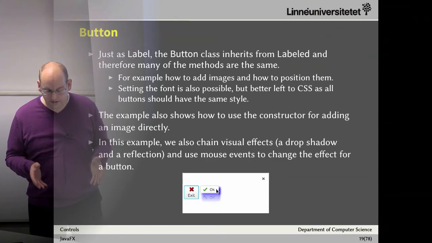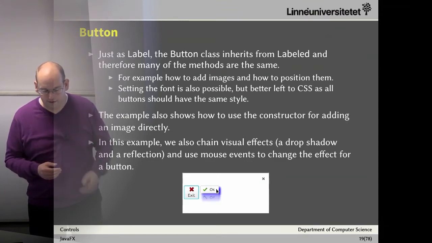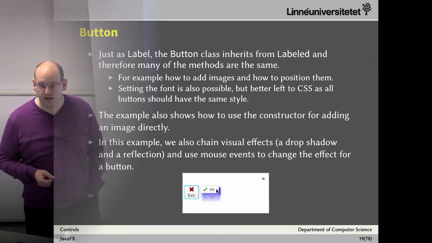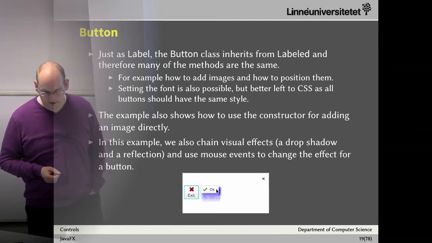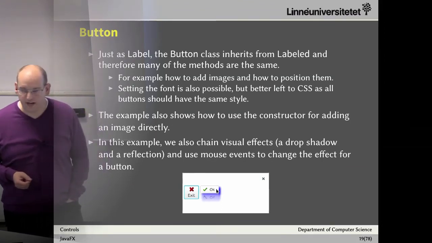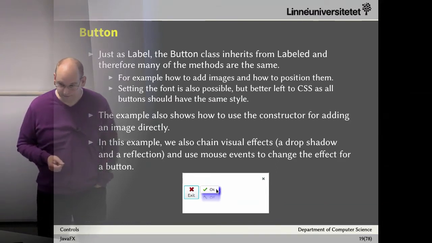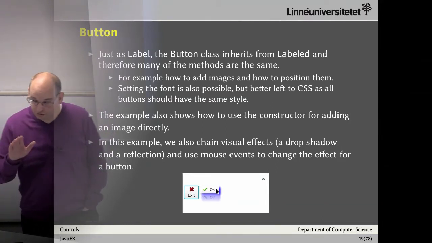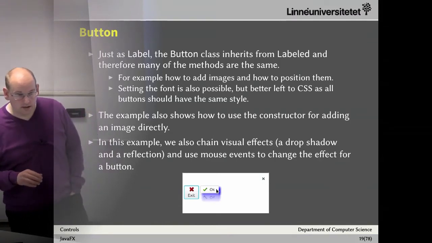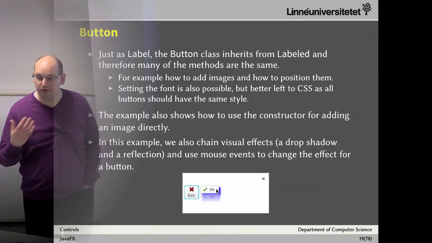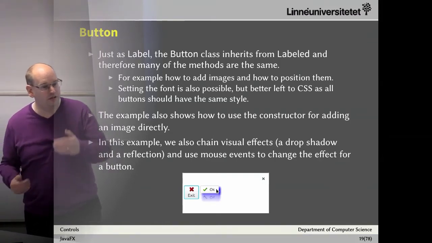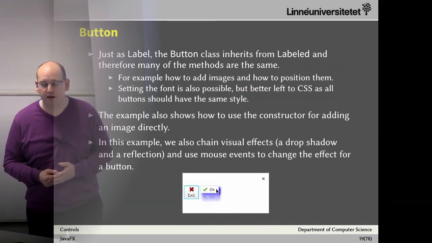In this example we'll also chain effects, and you'll see in the image here that we have an OK button which has both a reflection and a drop shadow. And that is really a stupid idea, but it's merely to show you that it's possible to chain different effects together.